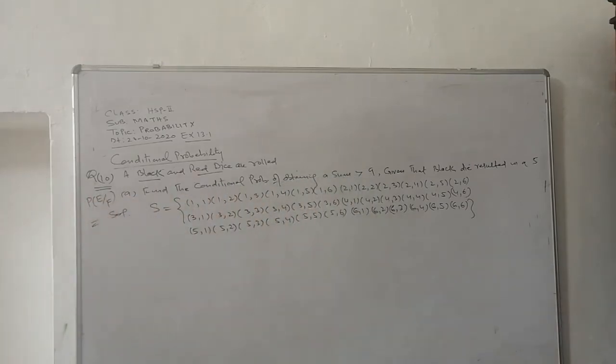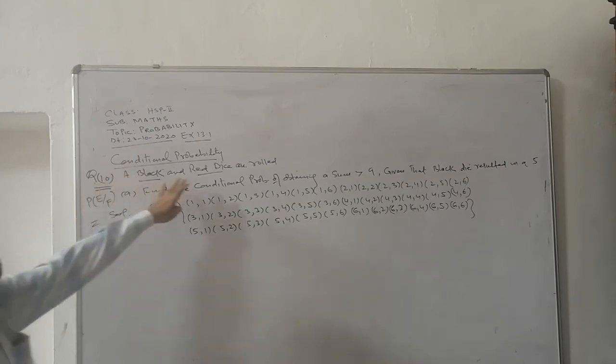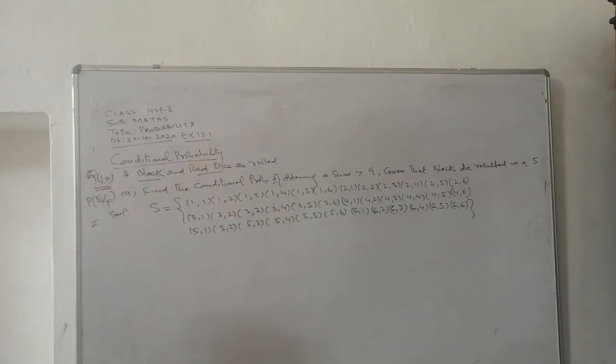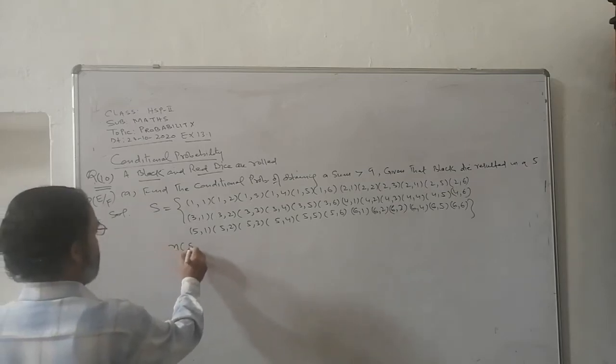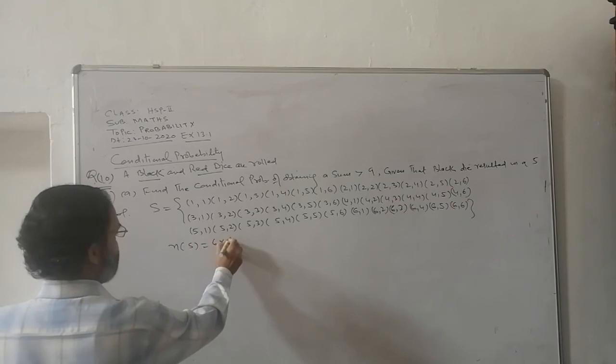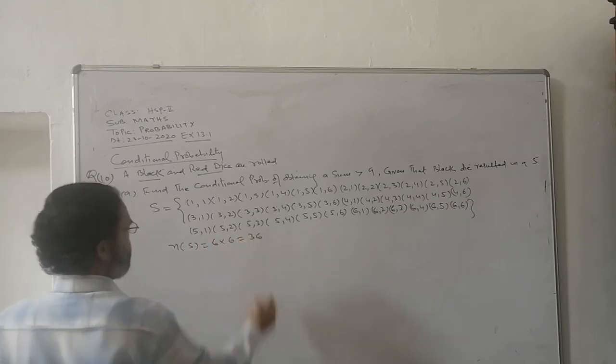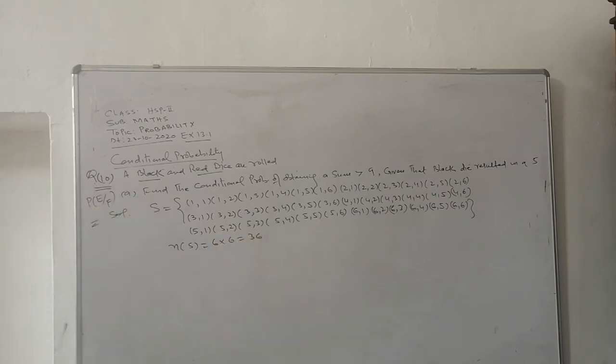So this is the sample space when a black and a red die are rolled. We have total 6 into 6, 36 points in total.